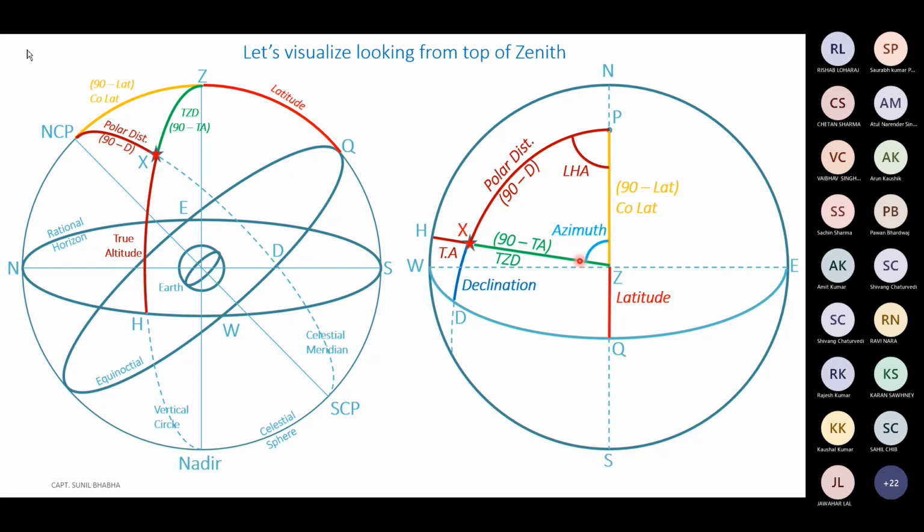You can see this particular angle here. This is the definition of azimuth: the angle between the celestial meridian of the observer and the vertical circle passing through the body is the azimuth of the body. You can visualize here, beta, that this angle basically gives us the direction in which the body is.